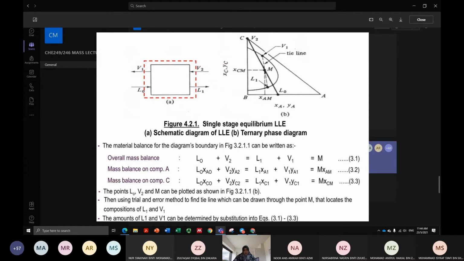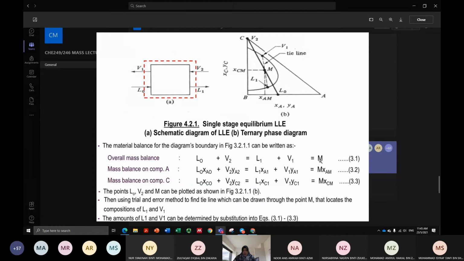You are given many equations here, so you can separate this one. L0 plus V2 equal to M, or L1 plus V1 equal to M. Or you can have these two equalities. This one is equal to that one, this one is equal to that one.